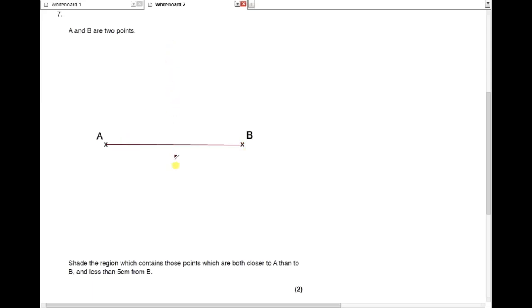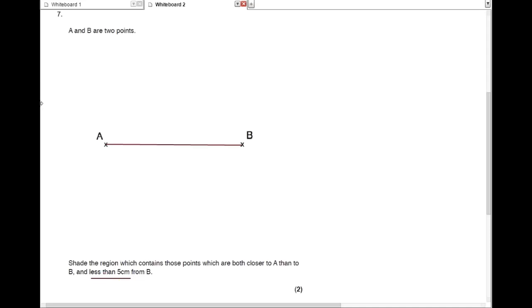Then we are going to draw a perpendicular bisector, and after that we will take the decision of less than 5 centimeter and those points that are closer to A and far away from B.